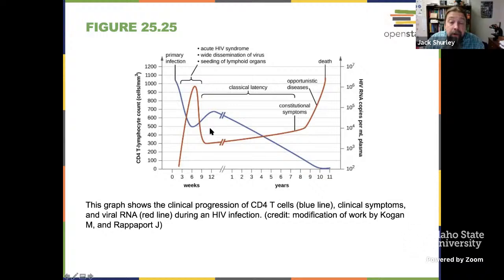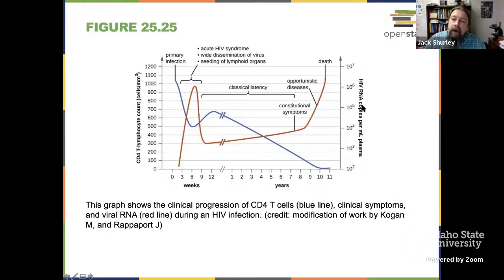and with this pattern, if we were to throw treatment into the mix as well, as far as what you might see occurring. So this is the progression of the CD4 T cells, those T helper cells, in blue. And then in red is the HIV, the viral RNA and the potential to detect that in the blood.